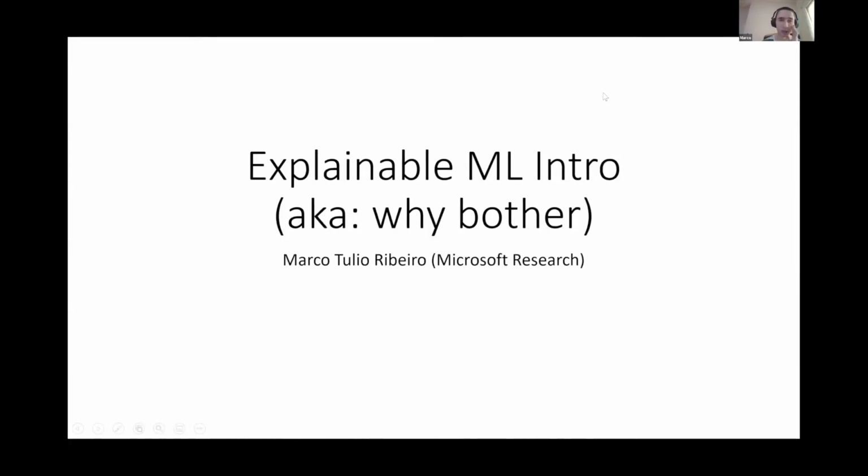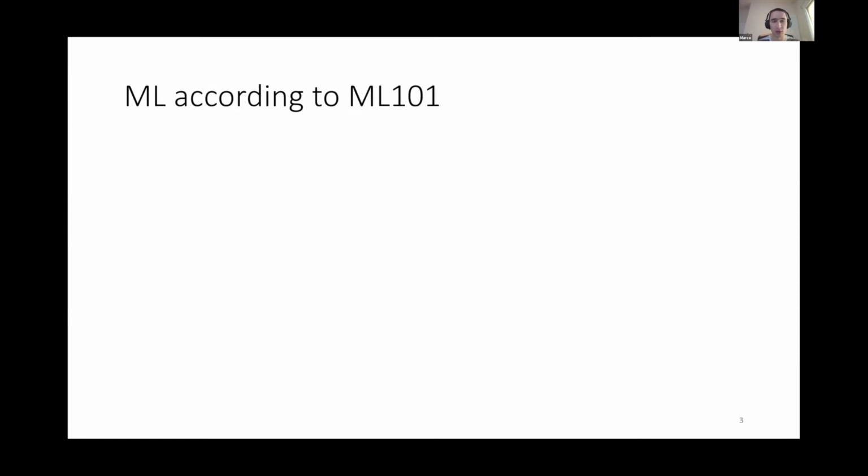So I'm just going to do the intro, basically answering the question: why bother with explainable AI? Rich and Scott and Harsha will go more into the details. So let's get right into it. If you take a machine learning course in grad school or even undergrad, you'll learn that machine learning is this magic process that goes something like this.